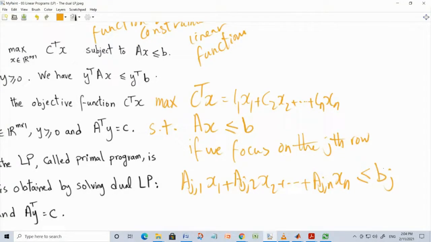As you can see, we collect those linear constraint functions and put them in this matrix form: AX less than or equal to B, and then maximize C transpose X.